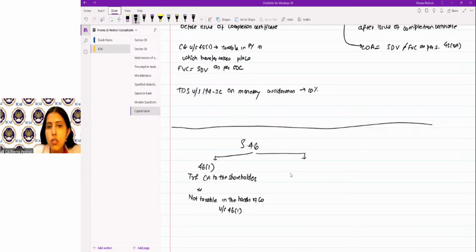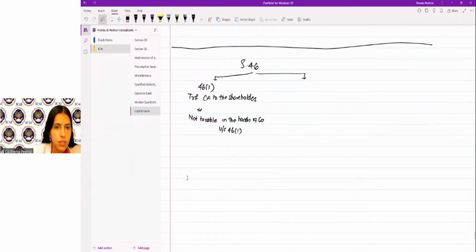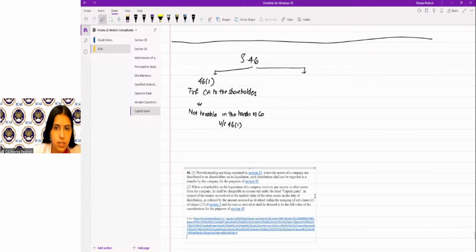So where the assets of the company are distributed to the shareholders on its liquidation, such distribution shall not be regarded as transfer by the company for the purposes of section 45. So 46(1) says that it shall not be treated as a transfer. Clear? So I'm again putting here for your purpose, section 46(1).